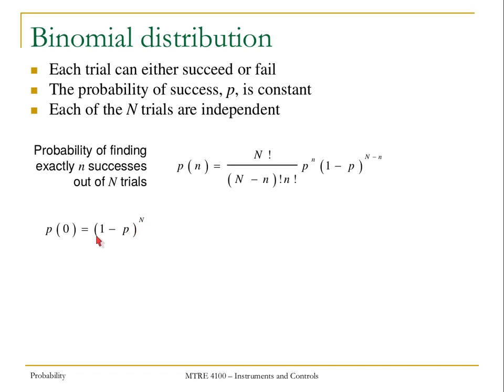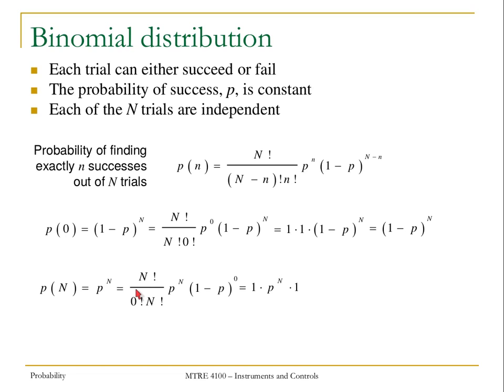So this is just the probability of them all being failures. And here's the probability of every trial being a success. Again, it's just the probability of a success raised to the power of the number of trials.